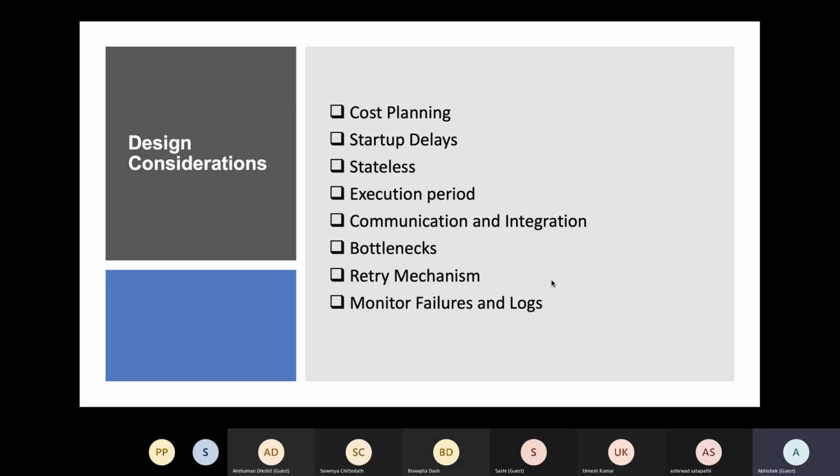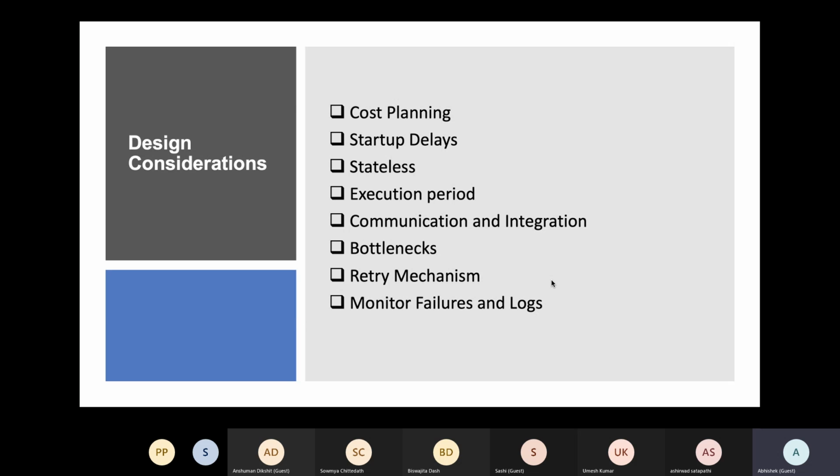Suppose you're working on an application, like a payment gateway kind of application, and you're using an Azure function there. That Azure function is working on the consumption plan. Immediately after the Azure function completes, it will go to sleep. After it does a payment activity, it will go to sleep.